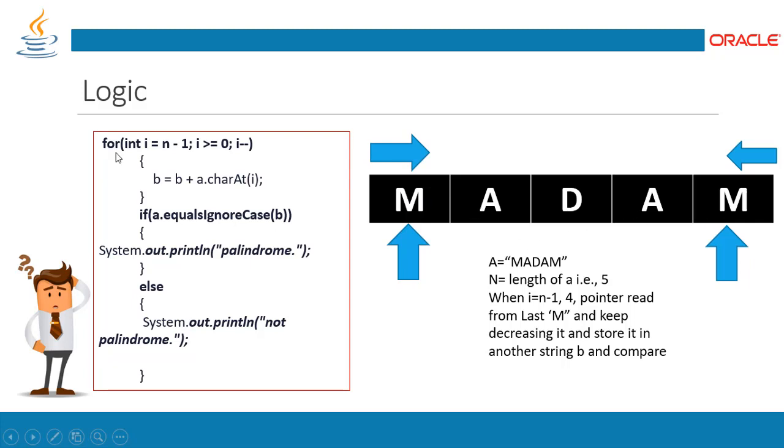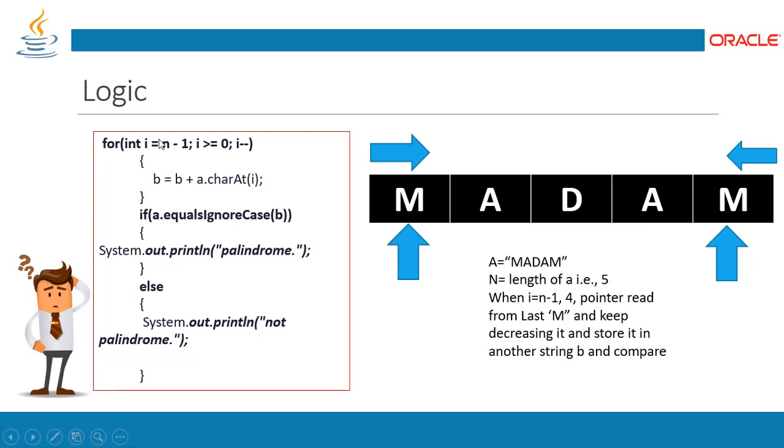The for loop has integer i equals n minus 1, where n is the length of A, that is 5. You can see 1, 2, 3, 4, 5. So the number of characters in the string is 5, so n is 5.